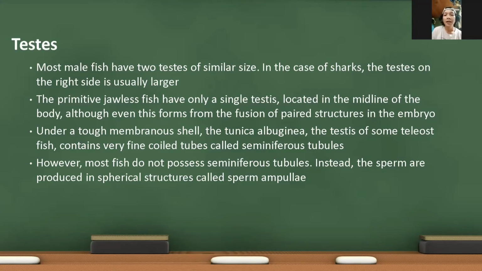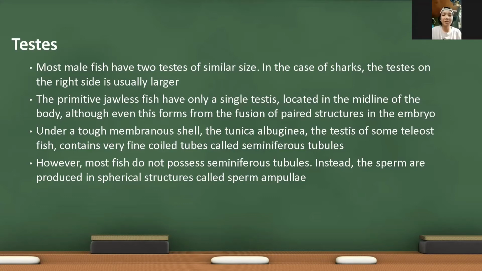Under a membranous shell, the tunica albuginea, the testis of some teleost fish contains very fine coiled tubes called seminiferous tubules, where the sperm are produced and released.